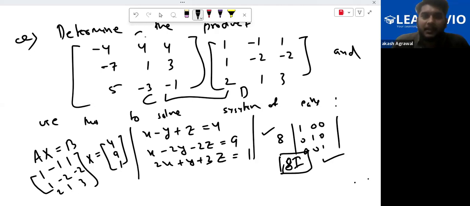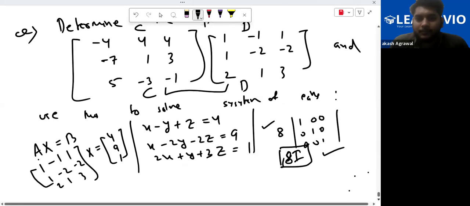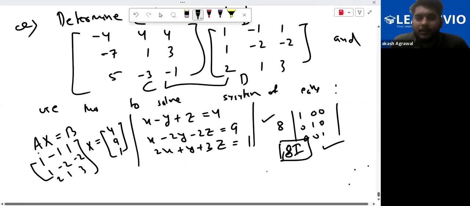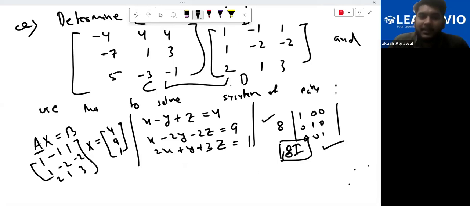See, if this is C matrix and this is D matrix, then what is the similarity between A and the CD multiplication? See, A matrix and D matrix are exactly the same. So just read out the matrices.